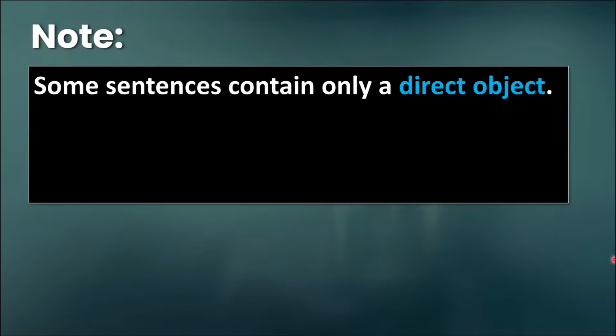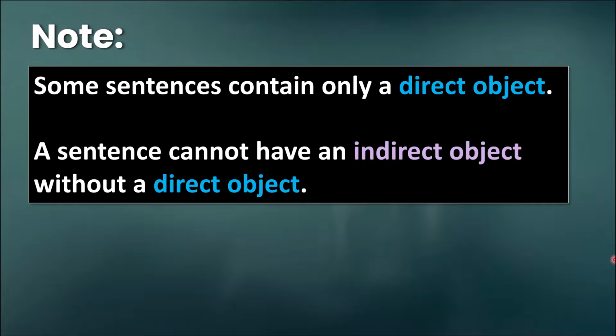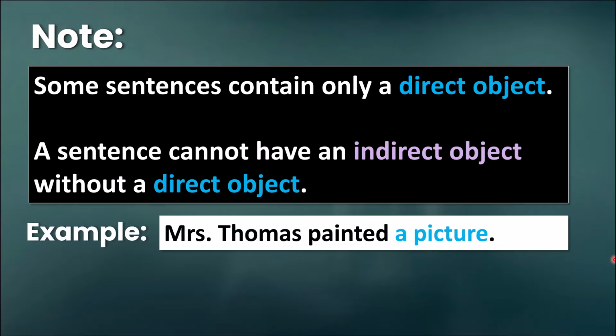Now, it's important to note that some sentences contain only a direct object, and a sentence cannot have an indirect object without a direct object. For example, Mrs. Thomas painted a picture. In this sentence, we only have a direct object.